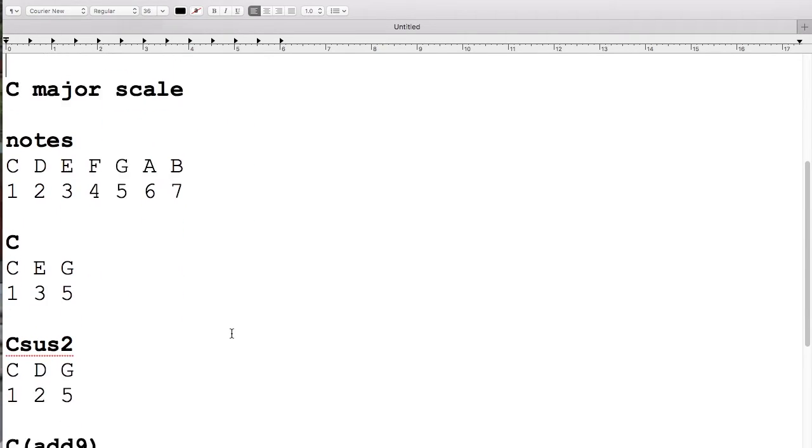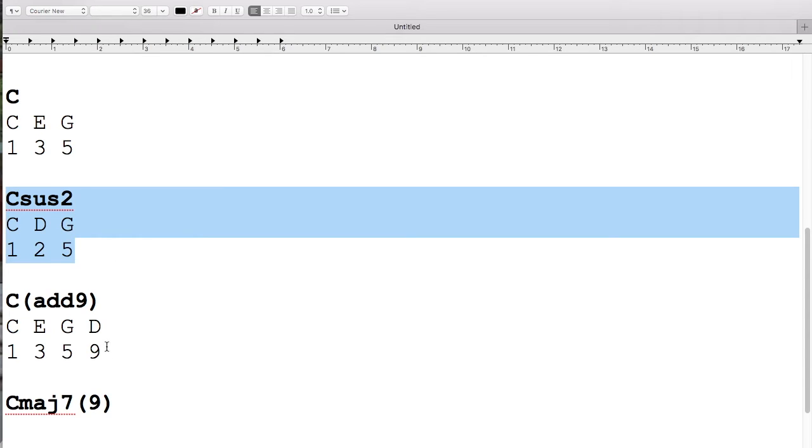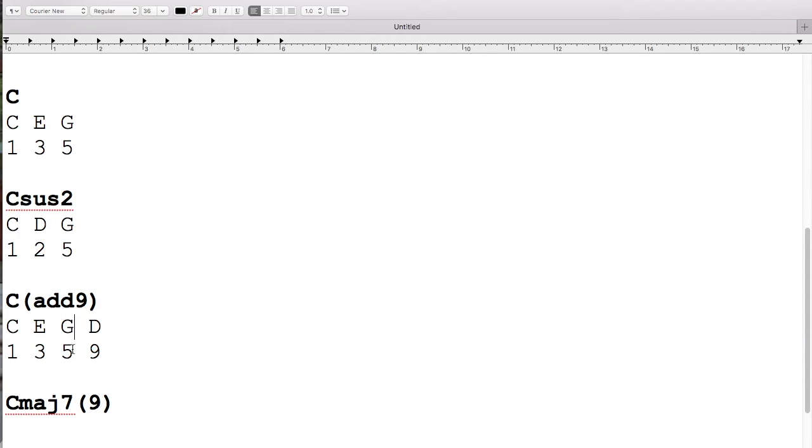Alright, so let's figure out what's going on there. Because we've figured out C Sus2 is a 3-note chord, C Add9 is just a C chord with a 9 added, and a 9 is a fancy word for 2. Two being the second note in the scale, 9 being an octave higher than the 2.